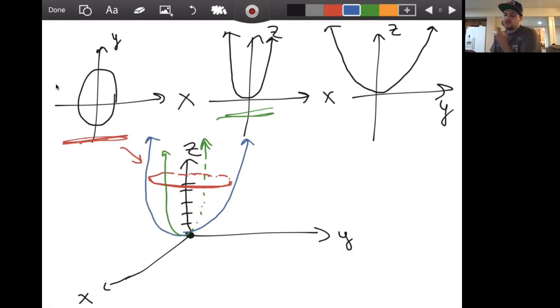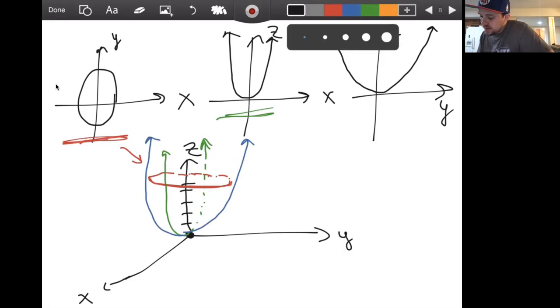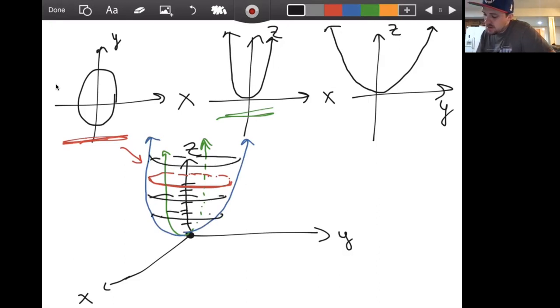And now we have 3 traces, and we can put the picture together here. We just fill in the rest, and you can see this generates what's called an elliptic paraboloid. It's like an infinite bowl that opens.